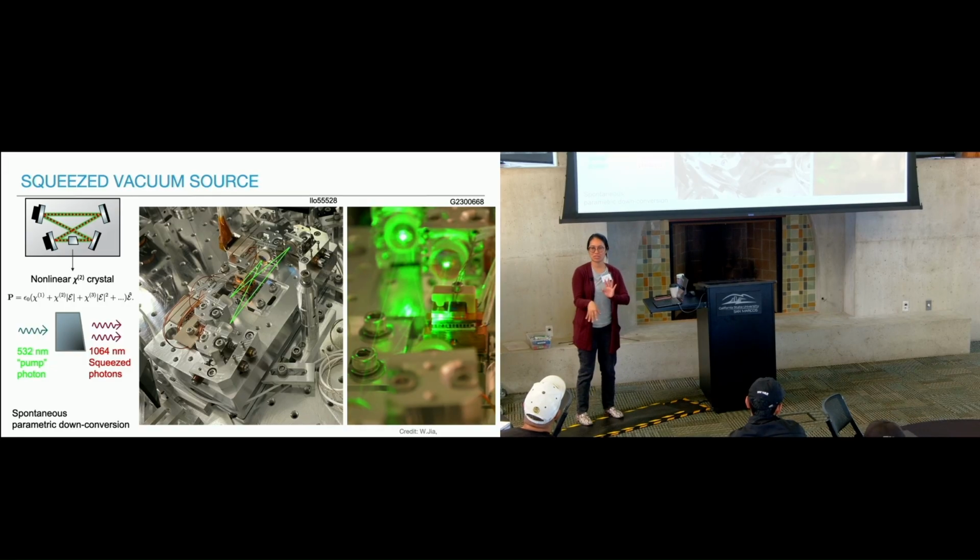The difference between the different types is, you have one pump photon, a vacuum fluctuation comes by, it gets spontaneously down converted into a pair of red photons. And it's just a question of what is the relationship of these two down converted photons, the signal and idler? In this type of SPDC, we do fully degenerate, meaning that they go in the same direction, they're the same polarization. The two signal and idler photons are 100% degenerate.